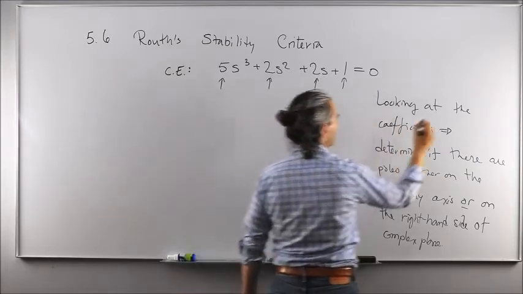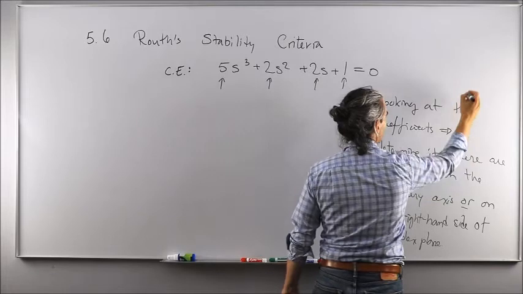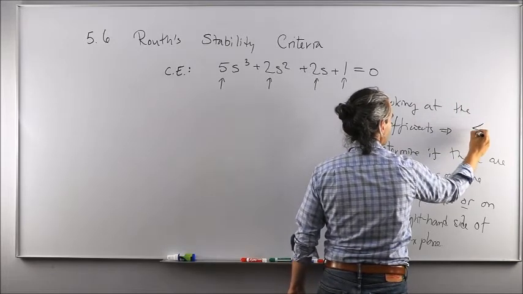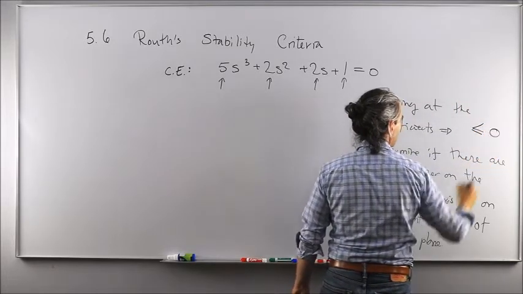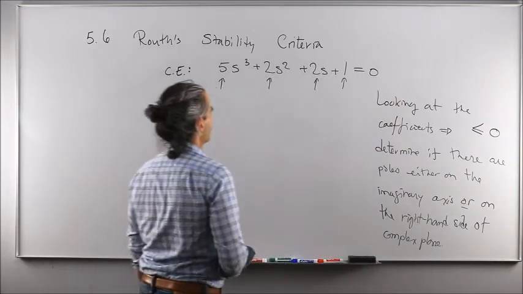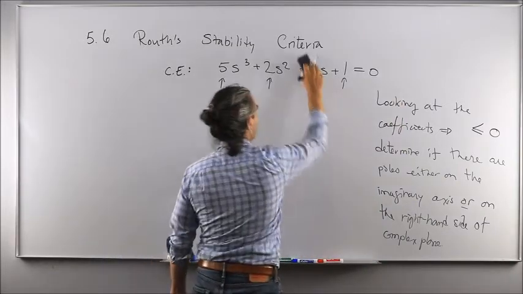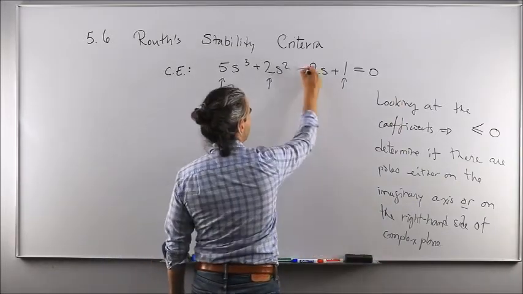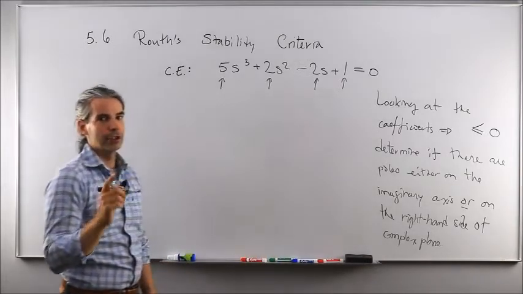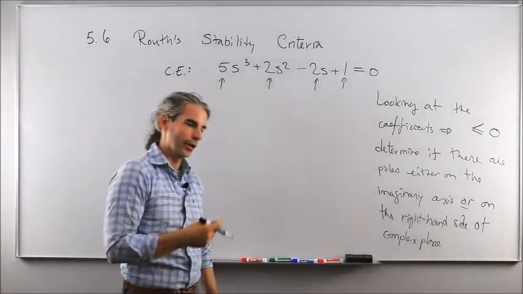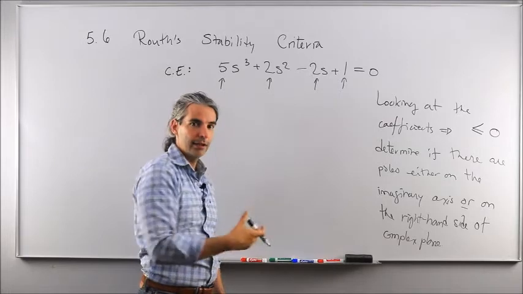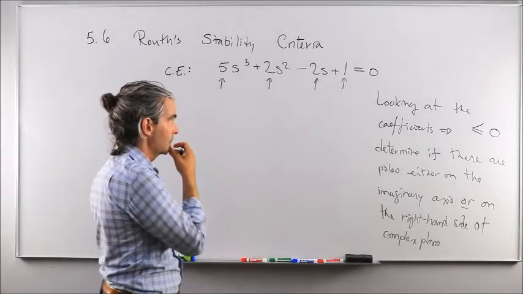You want to find coefficients that are either less than or equal to 0. So if, say, you would have minus 2s, boom, right away you know that there's something wrong and that you're going to end up with either poles on the right-hand side or on the imaginary axis of the complex plane.